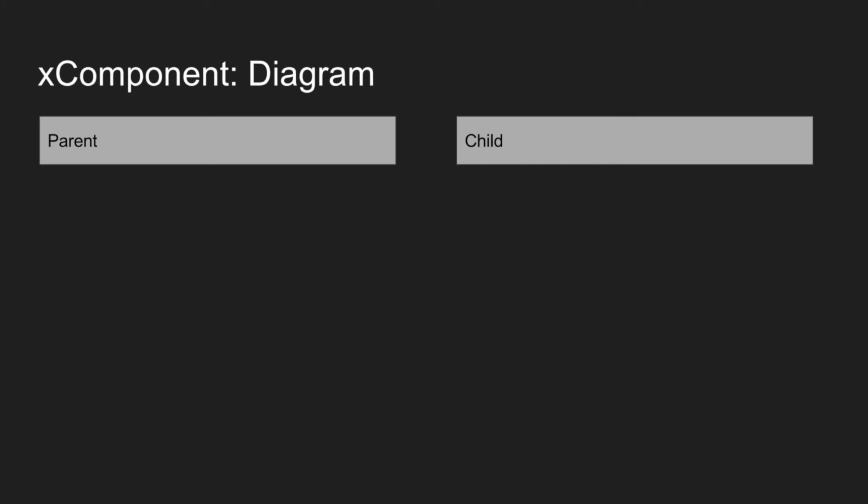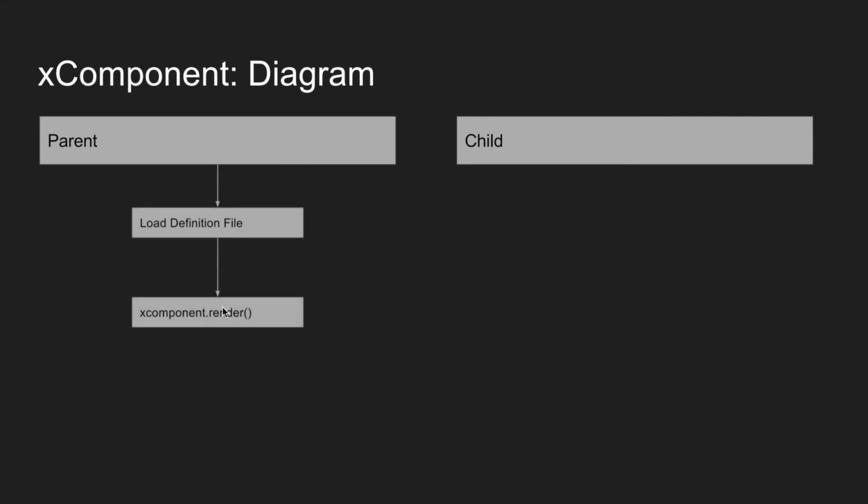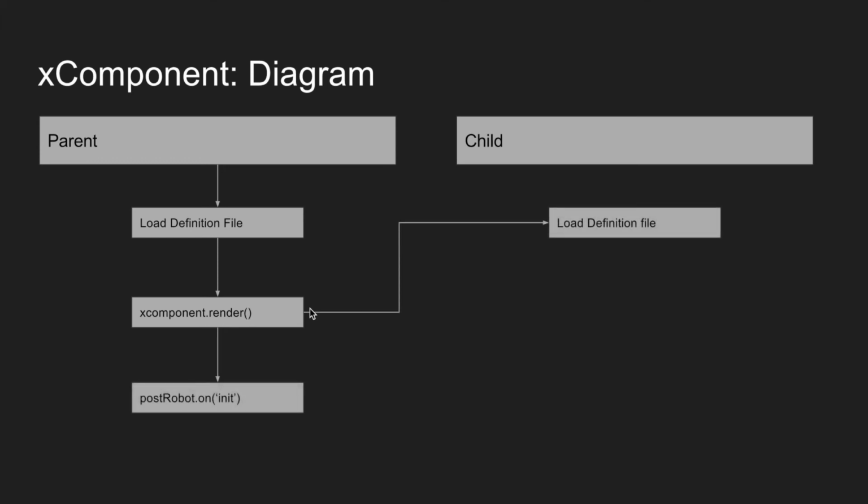All right, so finally here's a diagram going over a pretty basic xComponent flow. So you have your parent and your child. The parent's going to load the definition file. It's going to call xComponent.render, which actually creates the iframe and makes the child exist. The child's then going to load the definition file, and it's going to do a post-robot.send init.